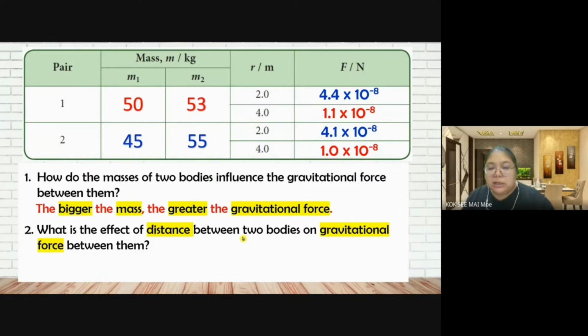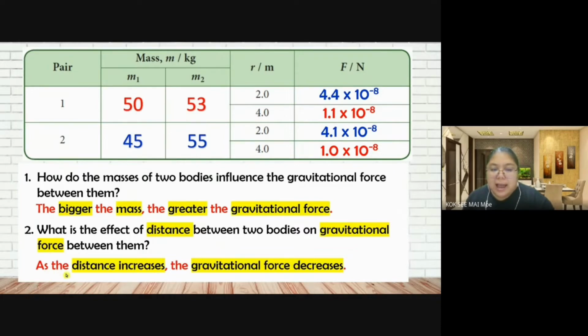I find that if the distance is further, the gravitational force becomes weak, becomes less. So as the distance increases, the gravitational force will decrease. So distance and force are inversely proportional.